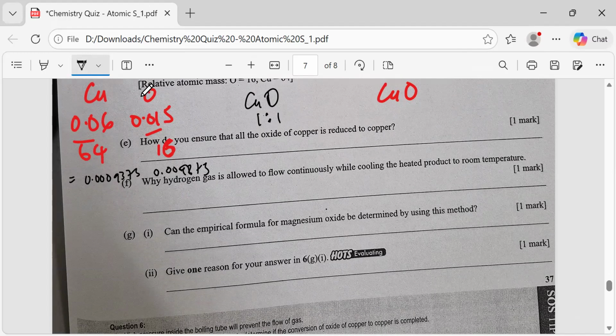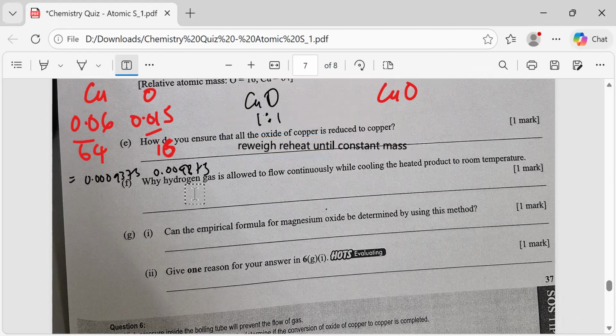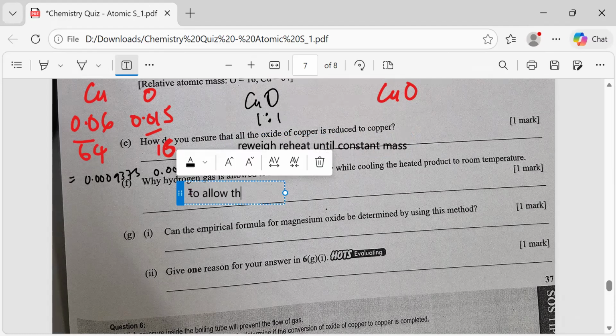Okay, first of all, how do you ensure all the oxides reacted? Okay, so it reaches a constant mass. So reweigh, reheat until constant mass is achieved. To allow the copper to cool down.